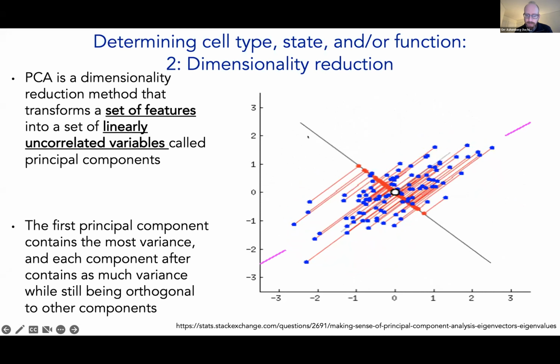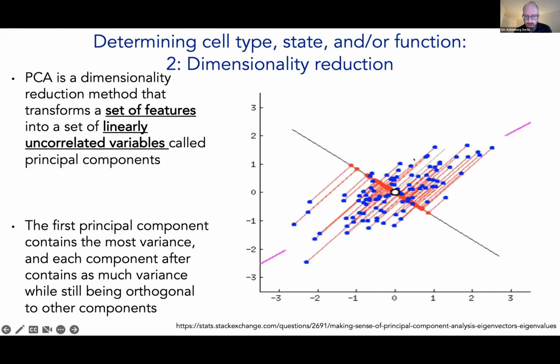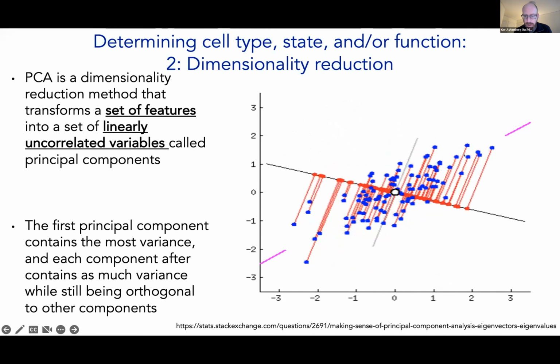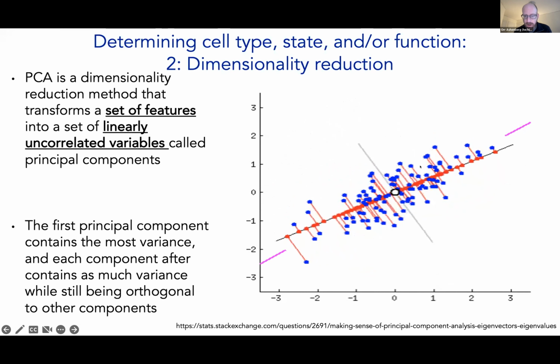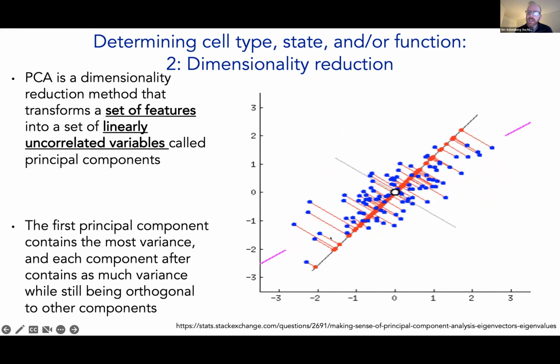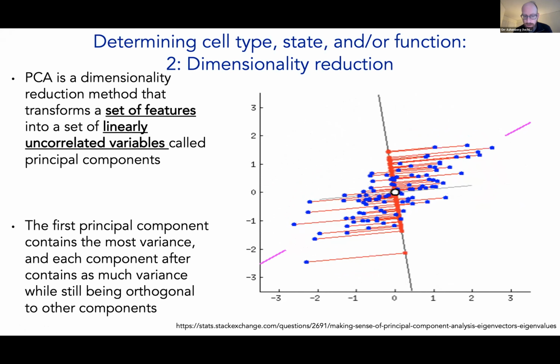And what you can see when this lines up here, going from here to here, is that when the points are projected, they are the most spread out onto that line. So keep an eye on this black line, and once it goes from here to here, from lower left to upper right, you'll see that the points when projected are the most spread out along this line, meaning you're capturing the most variance of the data when you've projected things onto principal component 1.